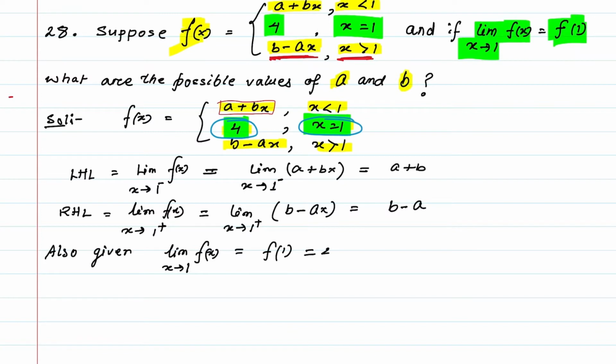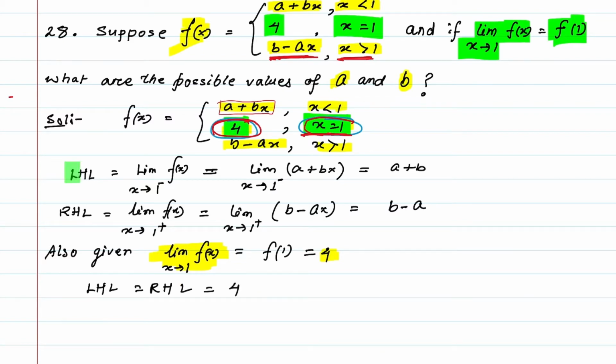So the value of this limit is 4. That's why left hand limit and right hand limit as x tends to 1 both must be equal to 4 in this case.